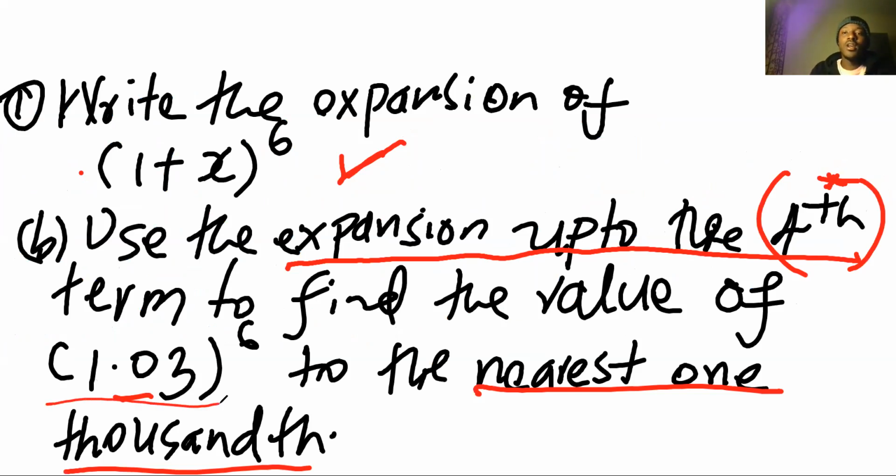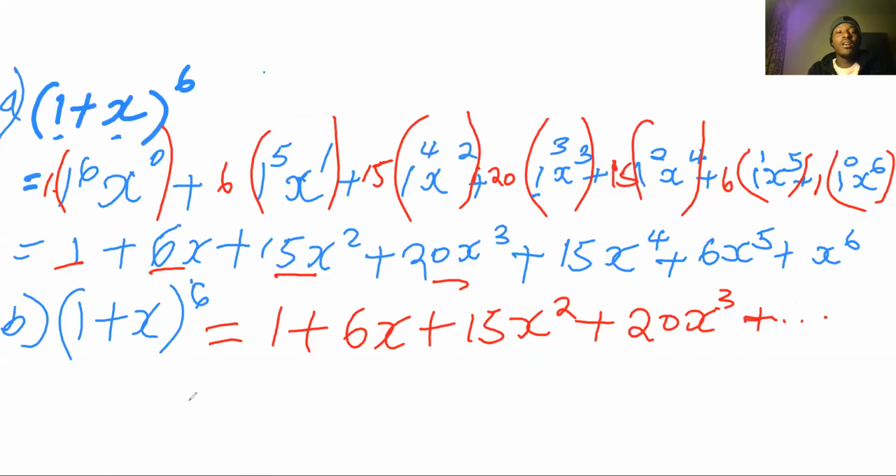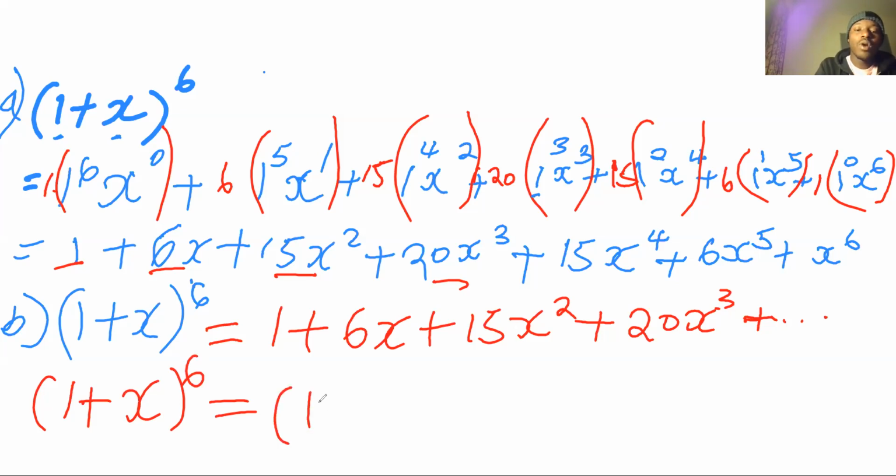So we want to use this expansion to solve this. That means in one way or another, we want to use the 1.03 plus x to power 6 to solve 1.06. So of course they should be equal for us to use it to solve them.